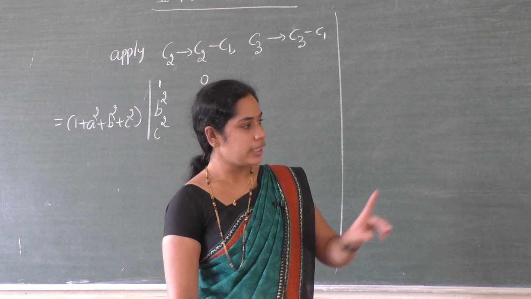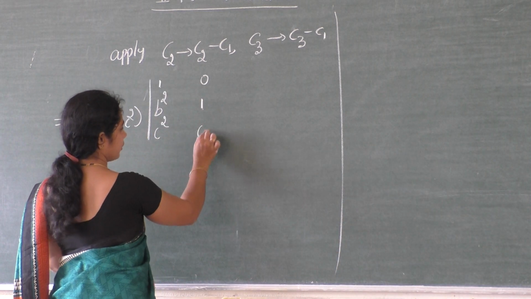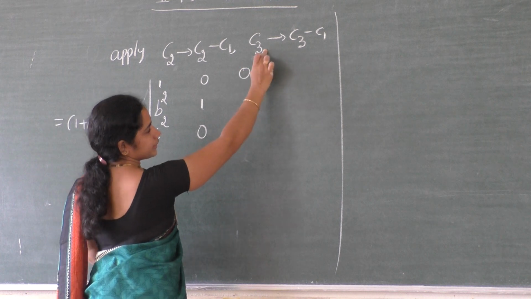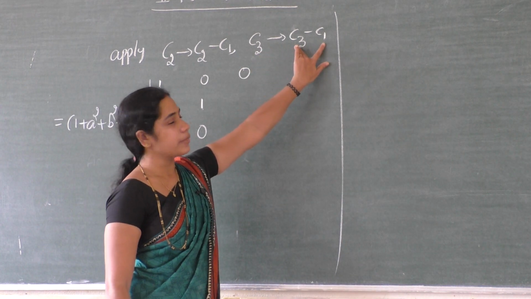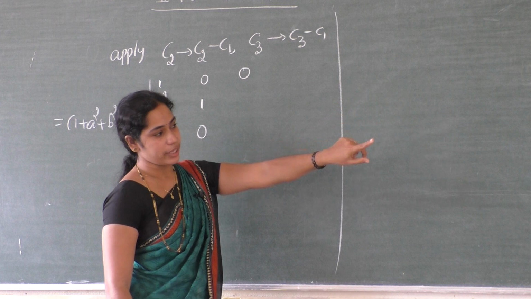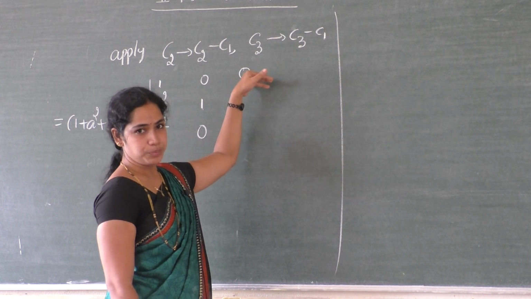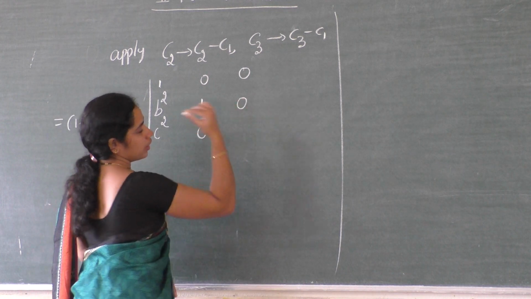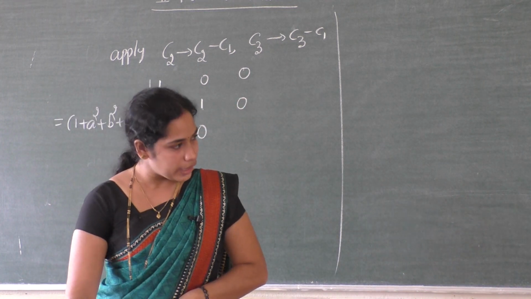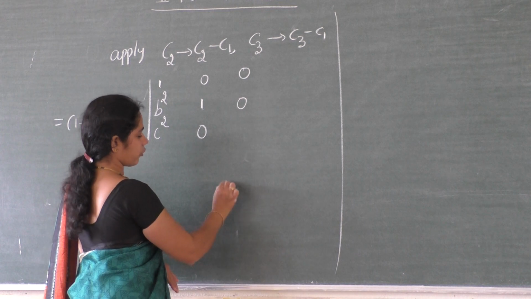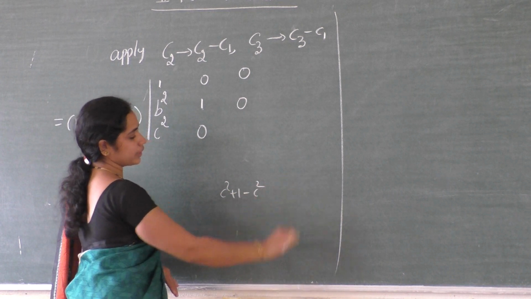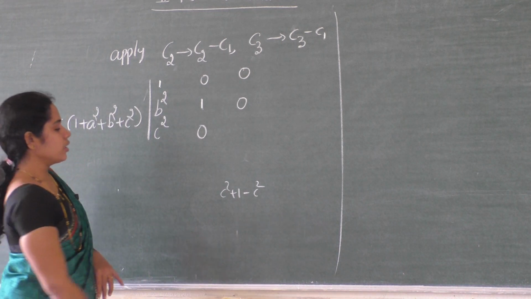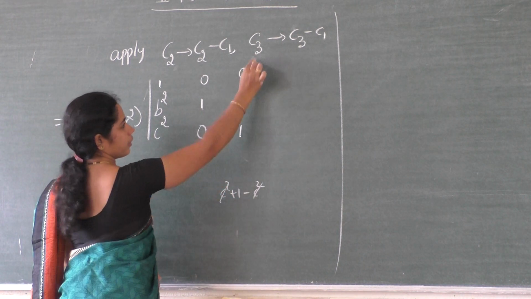Next, C square minus C square is 0. Then the second operation, C3 minus C1: 1 minus 1 is 0, then B square minus B square is 0. Last value, C square plus 1 minus C square, so C square cancels, remaining is 1.